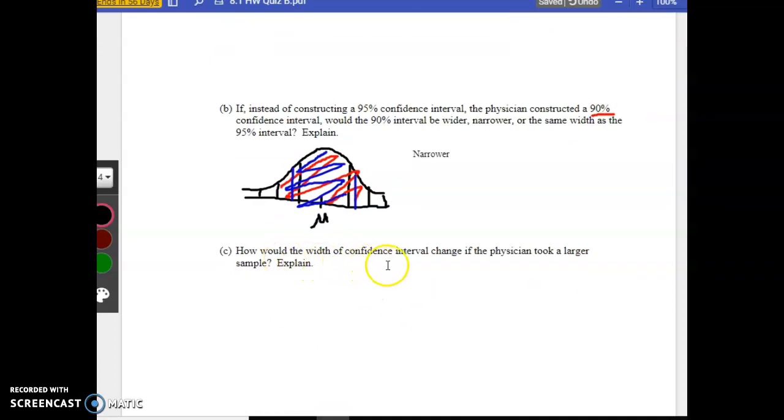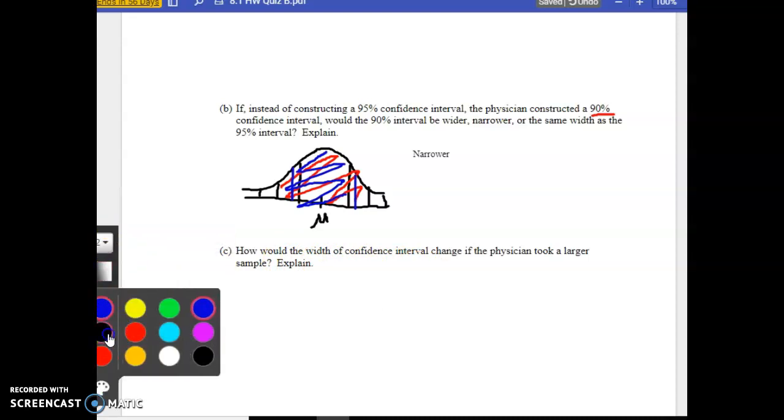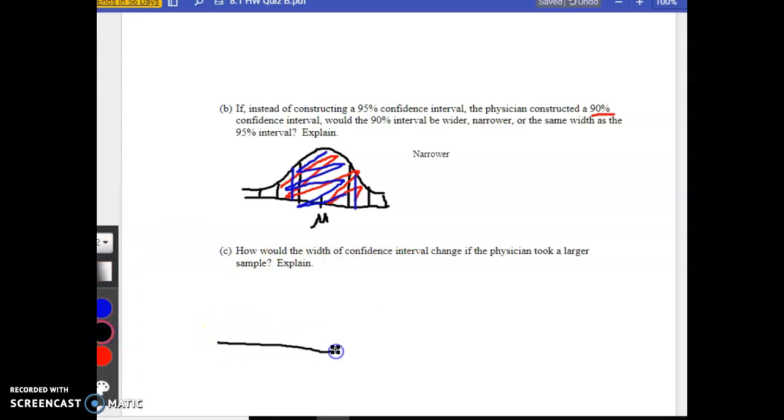How would the width of the confidence interval change if the physician took a larger sample? Explain. Well, again, if I draw another normal curve and you think about standard deviation and sample size and how that all is affected. So if there's my point estimate or my mean in the middle, when I add or subtract this margin of error, you got to think about what these formulas look like from last semester. And they did introduce them briefly in 8.1.